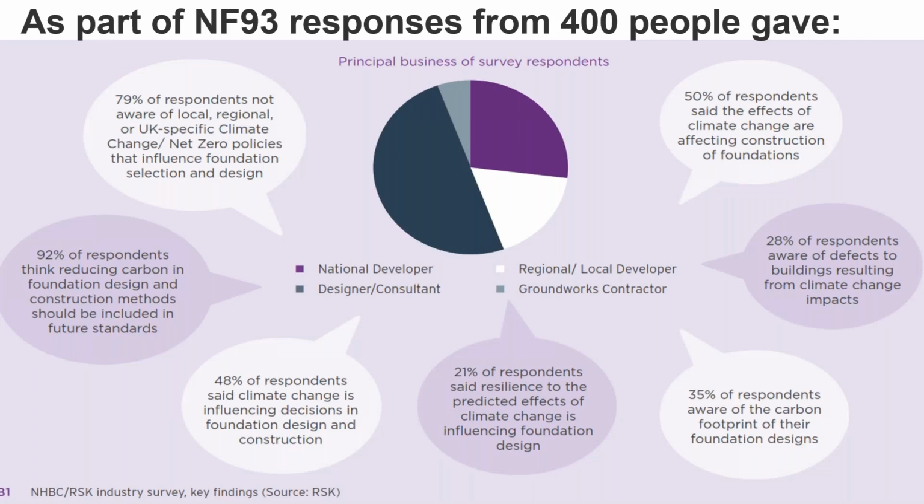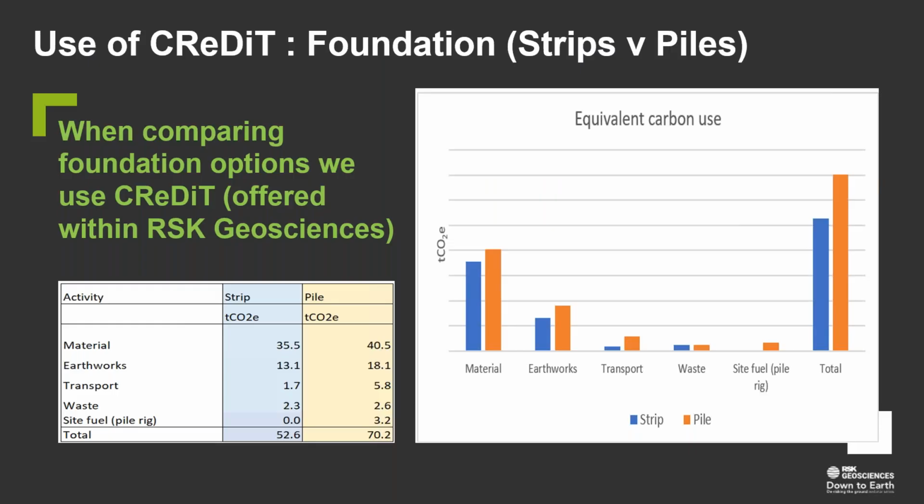In carrying out the guidance, I know that NHBC consulted a lot of developers, and I think you'll see some high percentage numbers here in terms of developers certainly recognising, amongst all the other target groups for the survey, that there's a significant impact expected from all of these carbon impacts or climate change impacts, and there are certainly things that we do need to take account of in design.